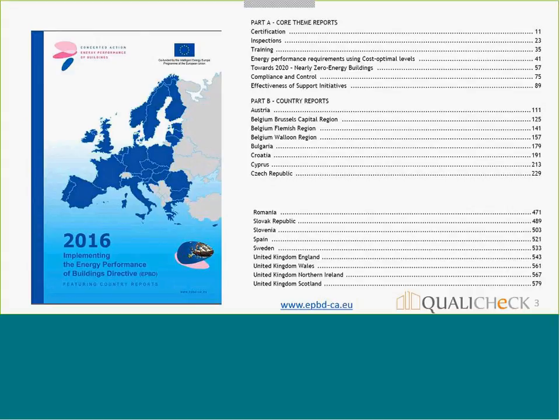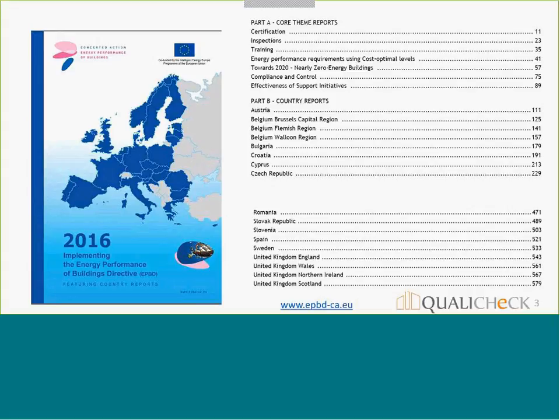Before focusing on what QUALICHeCK is doing, it is good to draw attention to the so-called EPBD concerted action, where all EU member states work together and exchange information. By learning from each other, it should result in a quicker and more efficient implementation.